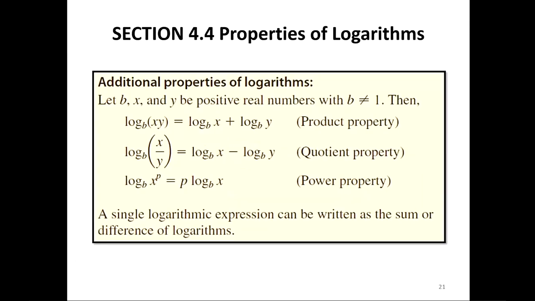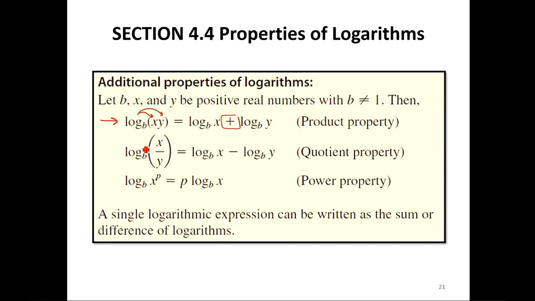More properties about the logarithm. If we have logarithm of x multiplied by y, so we have the product between two variables, x and y, we can distribute the logarithm to the first and the second, but put a plus between them. So log x plus log y, because x and y are multiplied together.